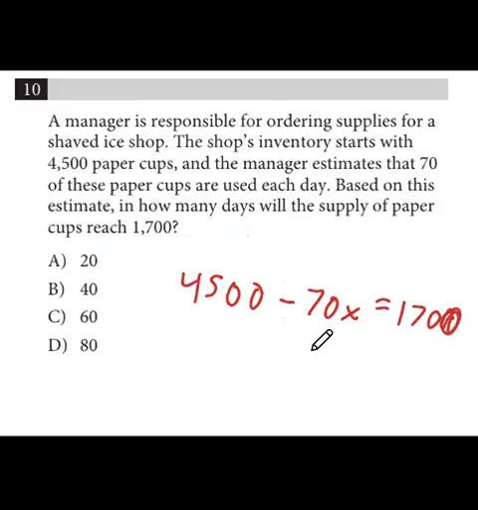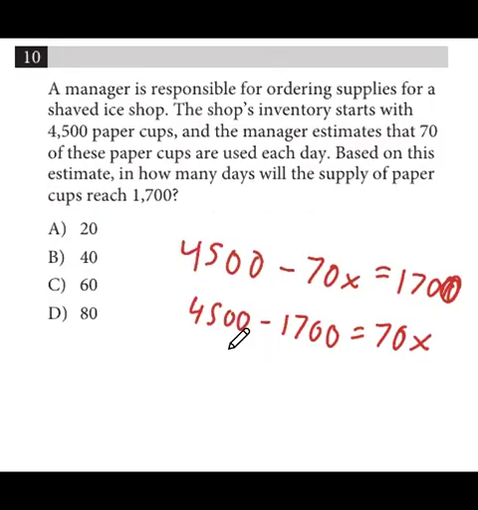In this case, we can subtract 1,700 from both sides and add 70x to both sides to get 4,500 minus 1,700 equals 70x. Now we simplify, this would be 2,800 equals 70x. Divide both sides by 70. This would be equal to 40 for x. So the correct answer is answer choice B.